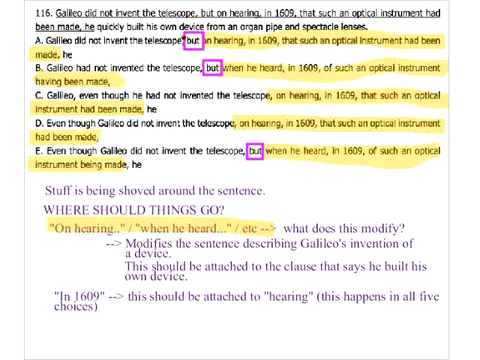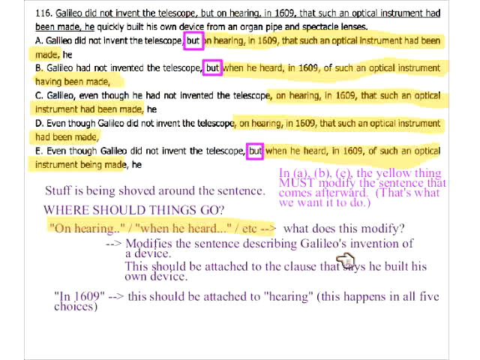So in A, B, and E, the yellow thing has to be modifying what comes after it, because the but is there blocking it from modifying anything else. So in A, B, and E, the yellow thing must modify the sentence that comes afterward. And that's what we want it to do.